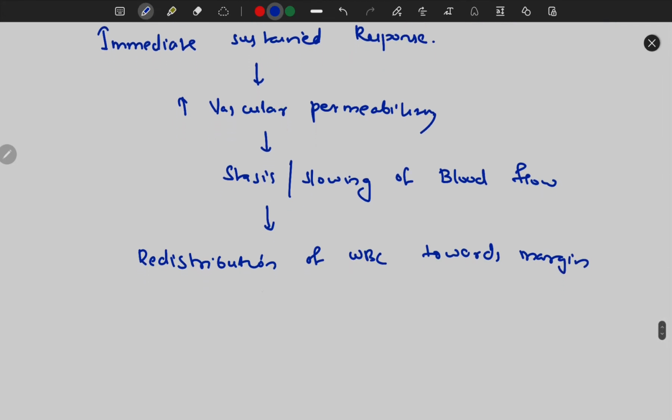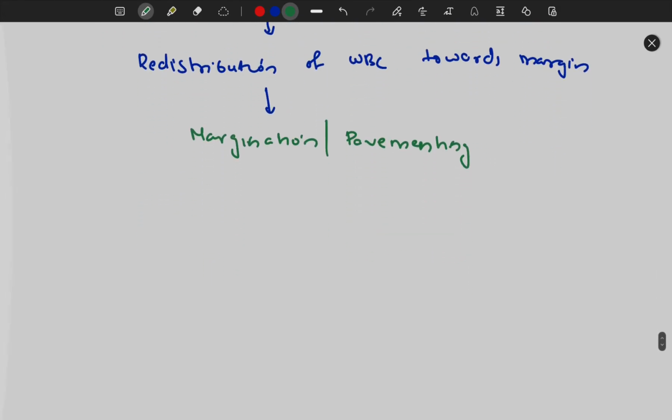This is called margination, or it can also be called pavementing. So these are the vascular events that are happening. Now discussing the cellular events.